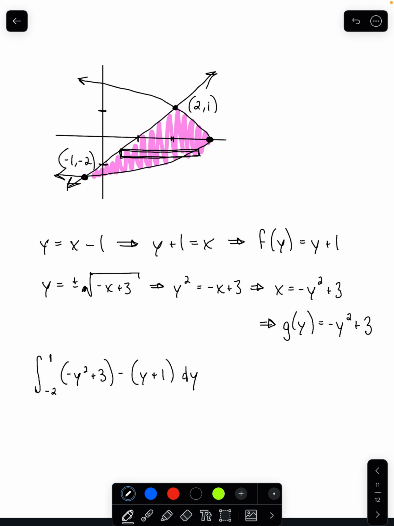And this looks considerably nicer as a single integral than the two integrals that we had previously.